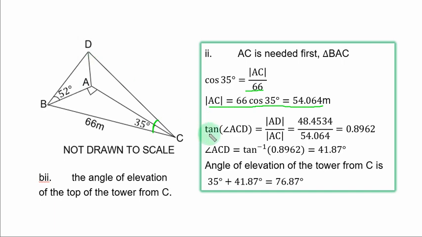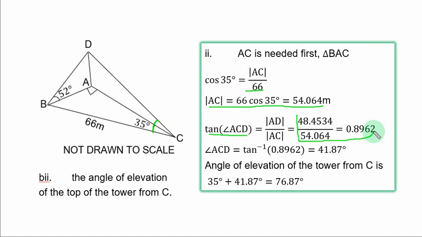So tan of the angle ACD is equal to opposite AD, the height of the tower, over adjacent AC. So you have the two values, and when you divide, you have 0.8962.